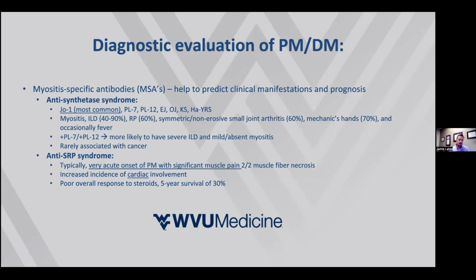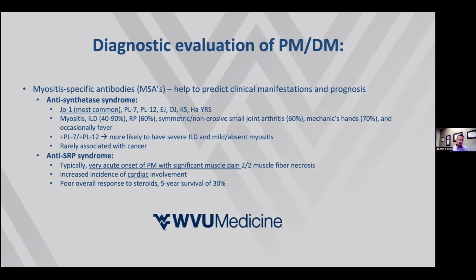Those other things are generally going to be an interstitial lung disease, an inflammatory arthritis, and then some sort of skin manifestations, particularly those mechanic hands, those dry, rough, cracking hands that you may see on exam. There are a couple other antibodies listed there that also can be associated with anti-synthetase syndrome. And again, where those come in are maybe different phenotypic presentations of the same thing.